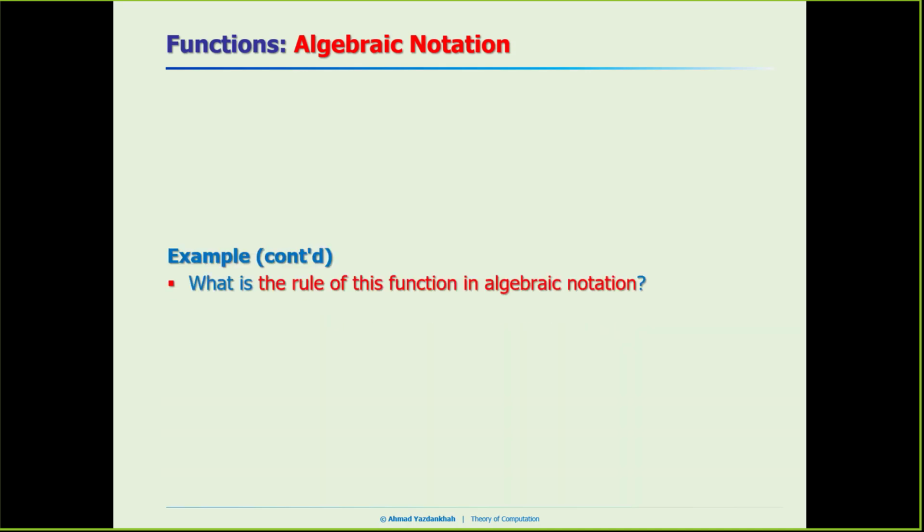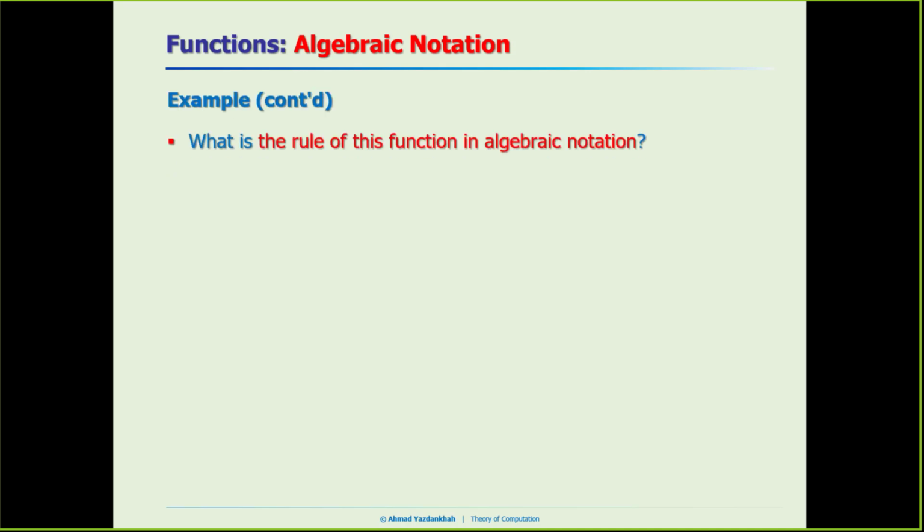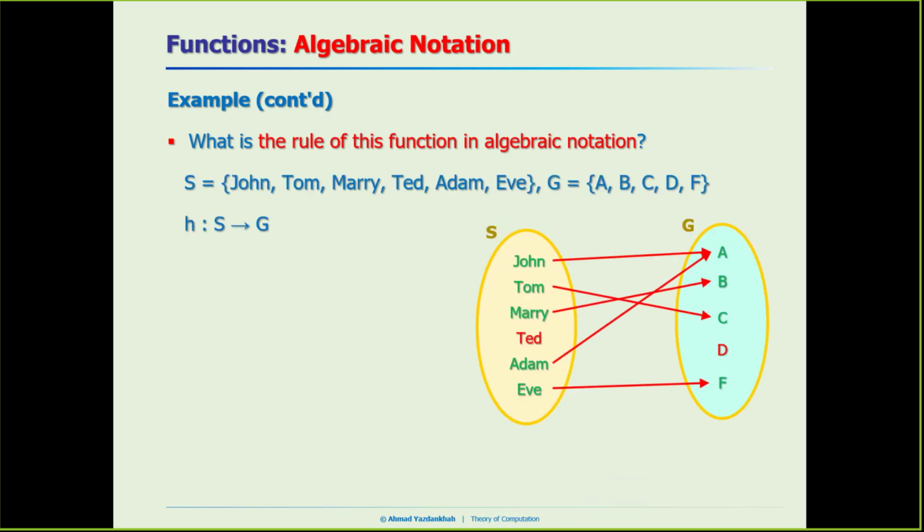How? Look at this. Let me take the same example that I took in the previous slide. This is the same example. We can translate this relationship by an algebraic notation. How? So the function name is h.